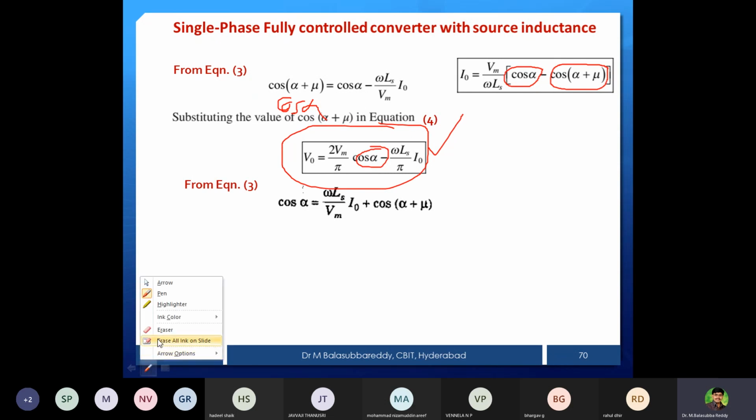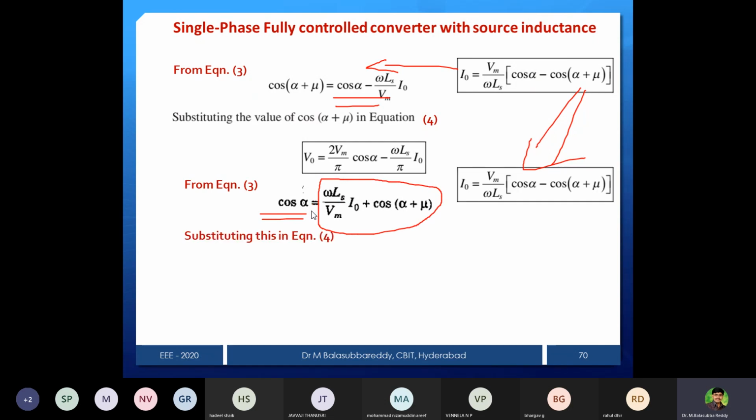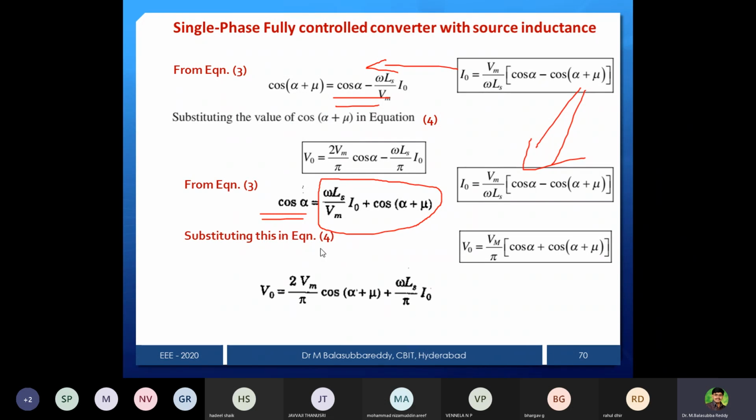That's why the other way you can do it: from this equation, I can write cos of alpha plus mu is equal to this one, or from this equation cos of alpha is equal to this one. So therefore you can get V out is equal to this expression.